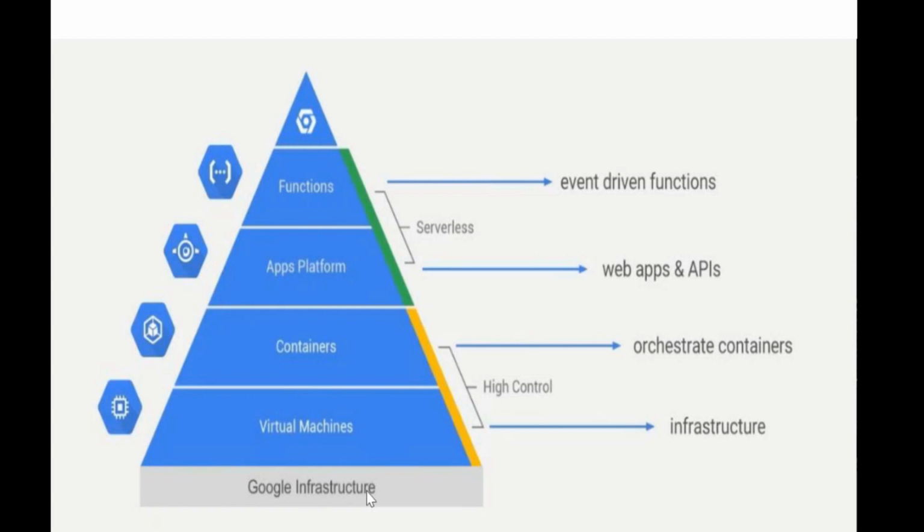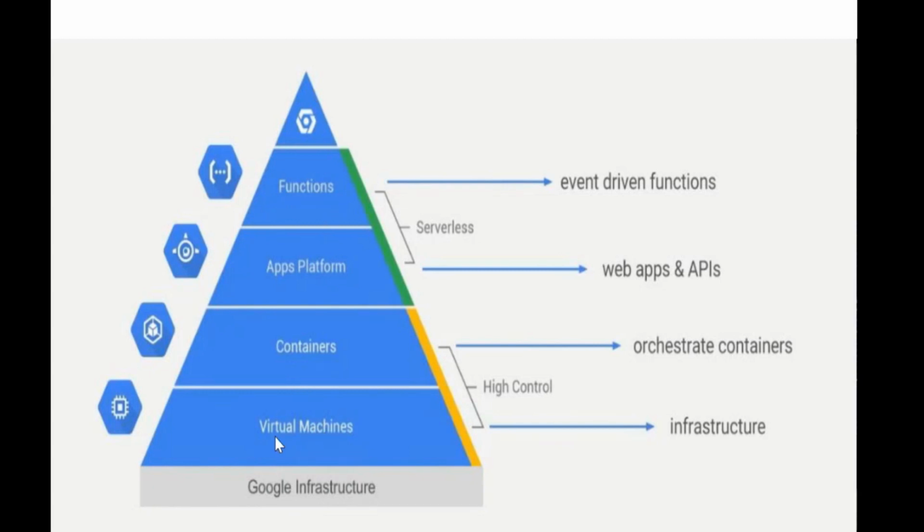Virtual machines come under infrastructure as a service, containers come under container as a service, app platforms come under platform as a service, and functions come under function as a service. So all the services of the complete Google infrastructure can be categorized into these layers.